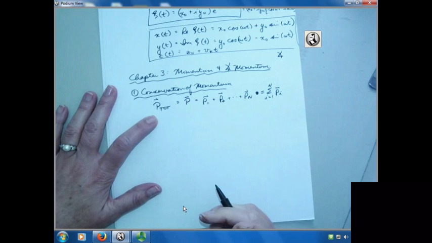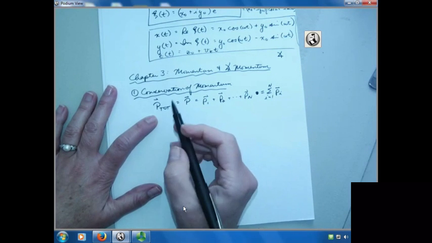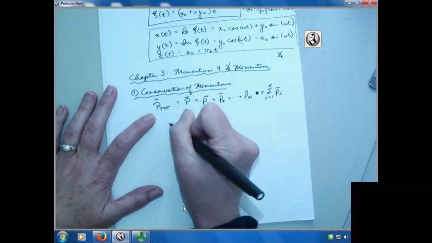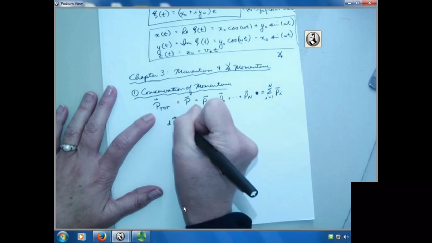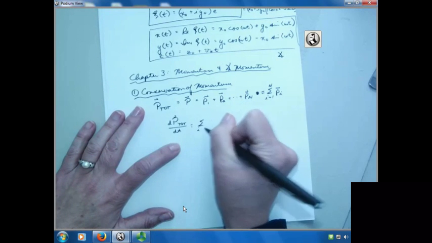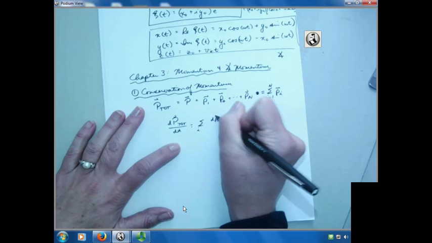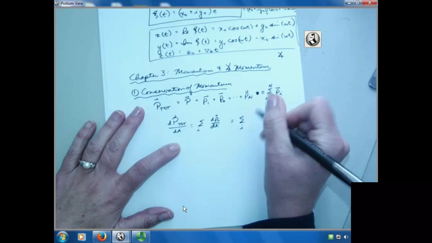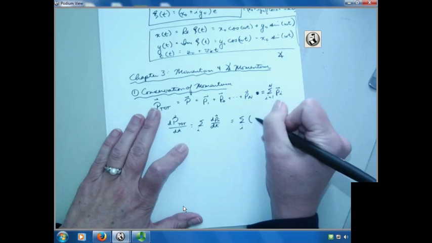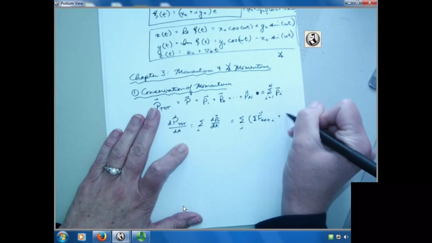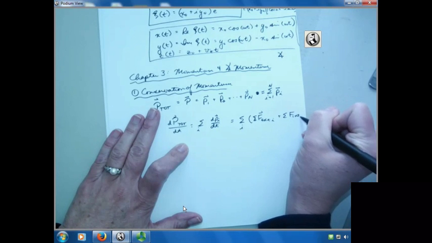All right? Okay. Then, if I take the time derivative on both sides, I see that the time rate of change of P tot is equal to the sum over all i's of dp sub i/dt, where I know from Newton's second law this is the sum over i of all the forces on each object, which I can sort of sort into the sum of all external forces on object i, and the sum of all internal forces on object i.